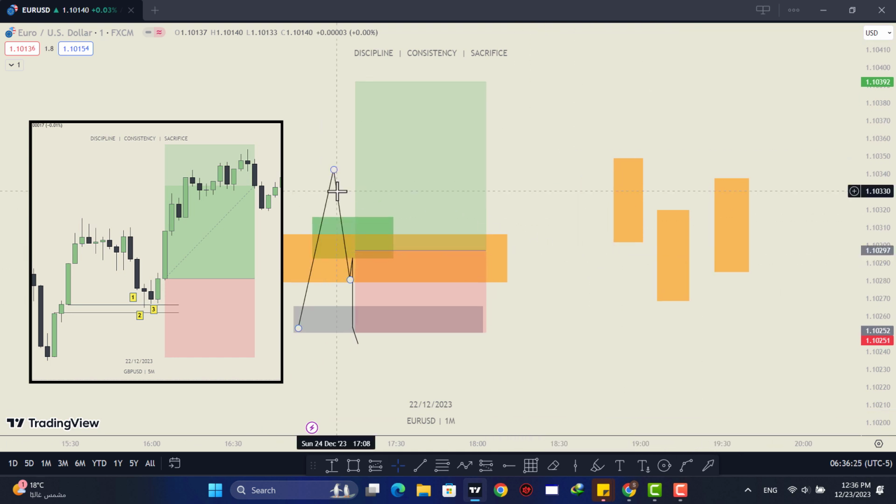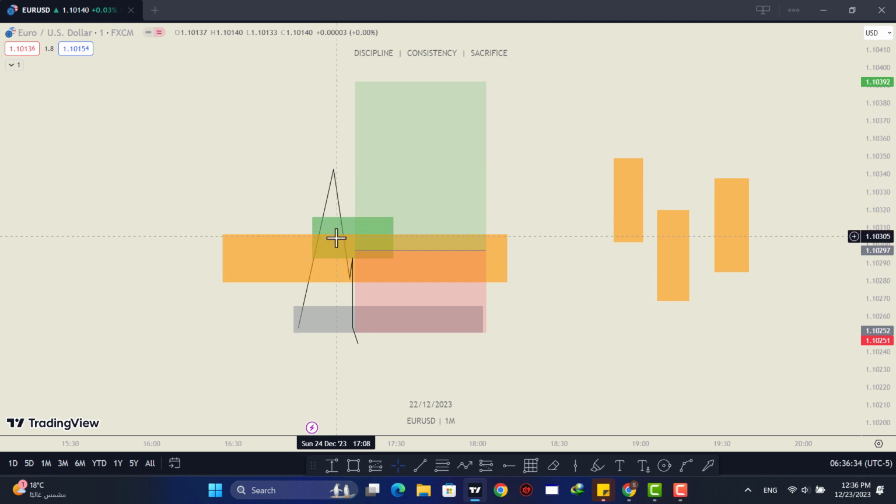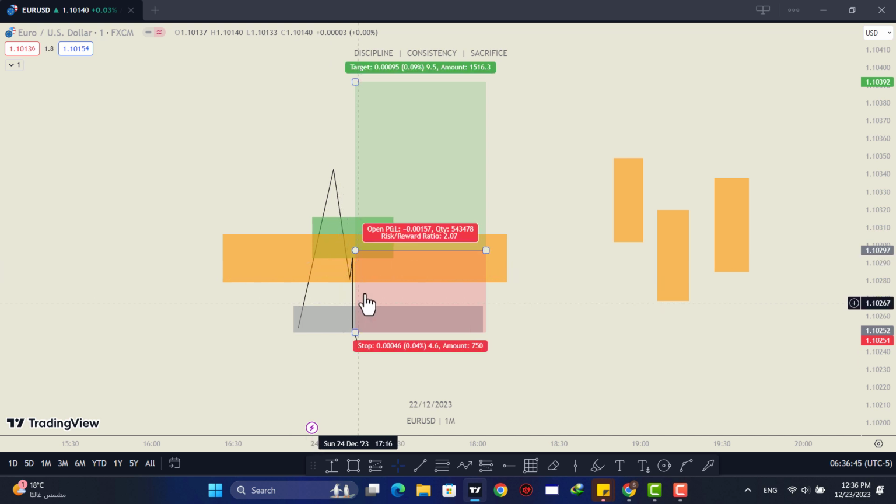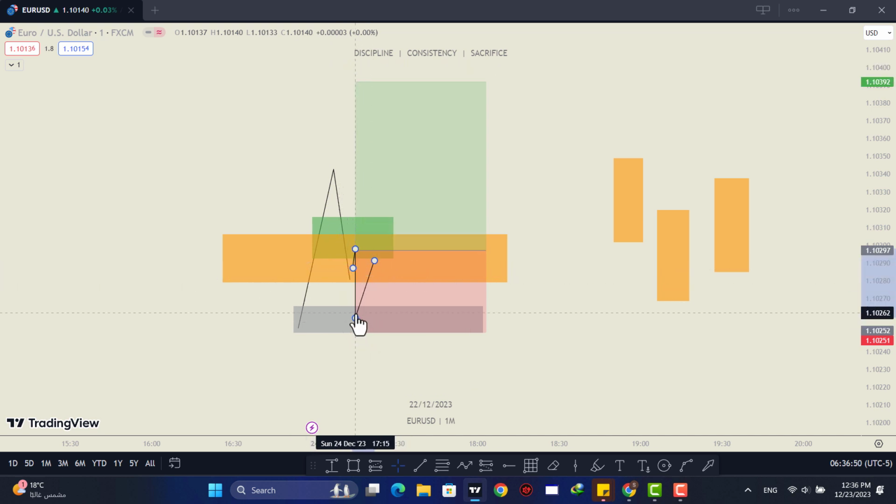So how are we going to eliminate those setups where price kept going down and down? We wait for a swing to form right here. So when price reaches that fair value gap, you need to wait for a swing formation. If the swing didn't form in this fair value gap, you just keep waiting and waiting. So let's say, for example, that the swing formed here on the order block.